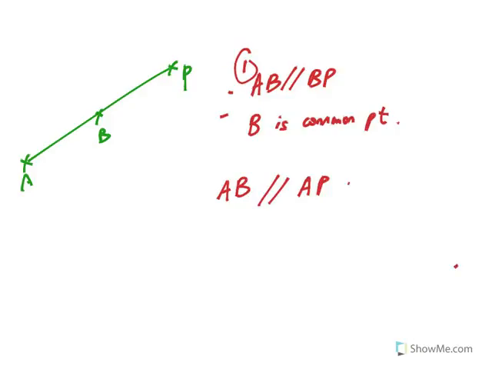Don't just say that. You need to show that it's a scalar multiple. AB is a scalar multiple of AP. This is how you show the parallel.